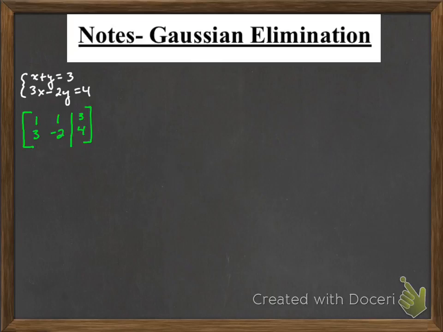Now, the first goal with your Gaussian elimination is we want to have a 1 in this top left corner of our matrix. The way these equations are written, we already have that achieved, so we do not have to do anything else to that. In some other problems, we'll get to what happens if there's not a 1 right there already.